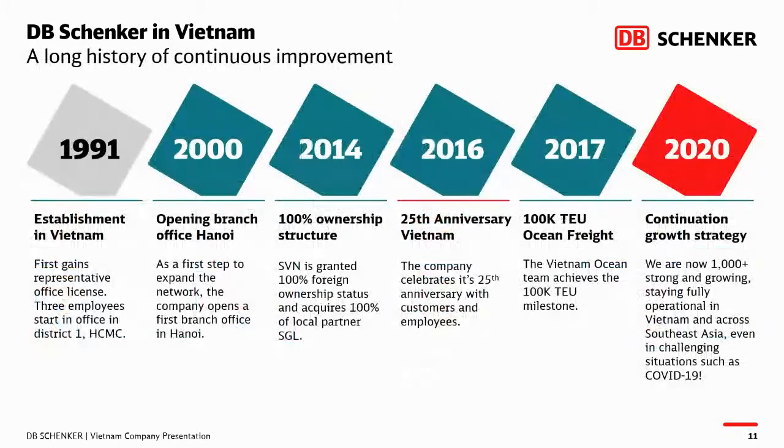Just go quickly through the Schenker Vietnam development. You will see we set up a small office in 1991 with only 3 staff, and up to now, 2020, we have more than 1,000 staff, with more than 100,000 square meters of contract logistics, handling more than 100,000 twenty-foot equivalent units, we call the 20-foot container, per year, and 1,000 tons per year for air freight.